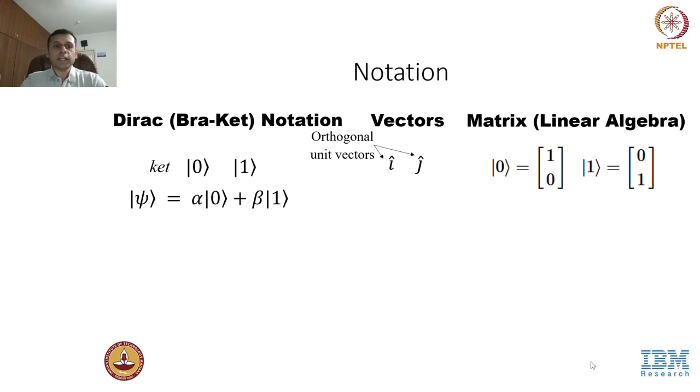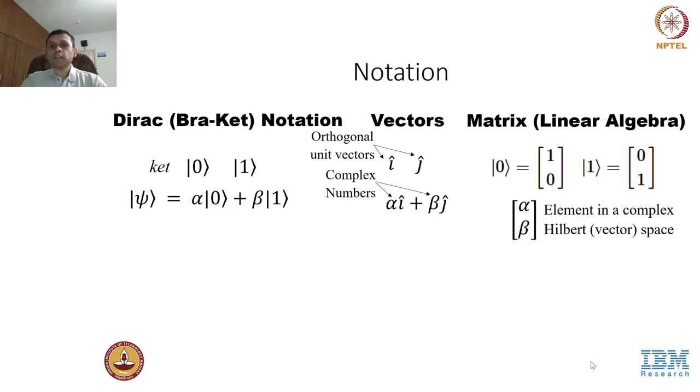More generally, any ket psi can be represented as a linear combination of the kets 0 and 1. That's why you see alpha 0 plus beta 1. Again, if you imagine this in two-dimensional space, you think of it as an arbitrary vector plotted on that space, which will be a linear combination of the i and j unit vectors, except think of the coefficients as being complex numbers.